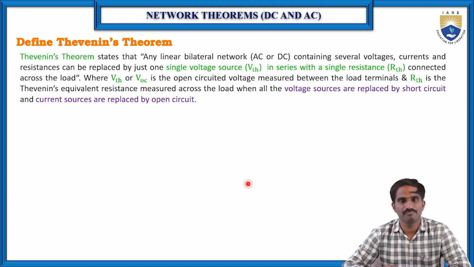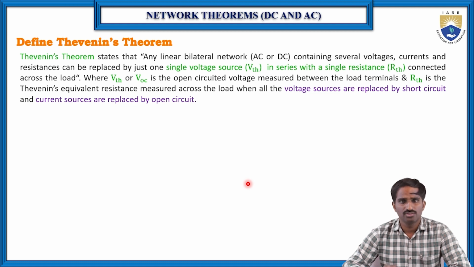So according to Thevenin's theorem, it states that any linear bilateral network containing several voltage sources, current sources, and resistances can be replaced by just a single voltage source in series with a single resistance connected across the load.